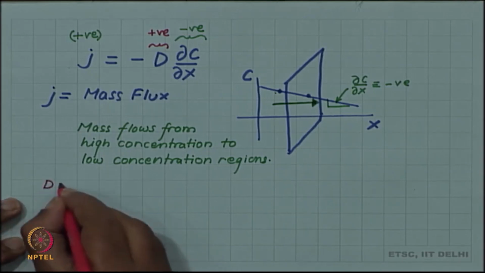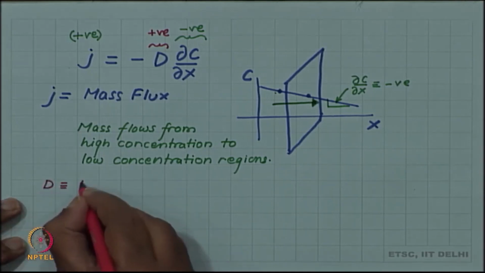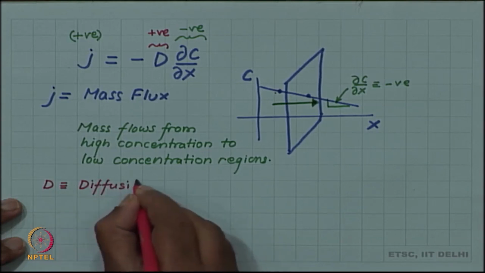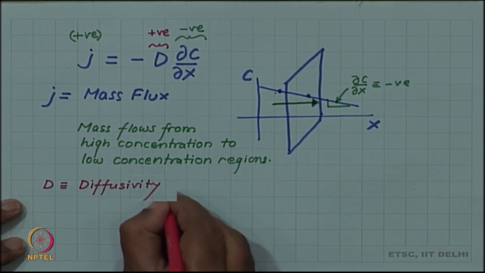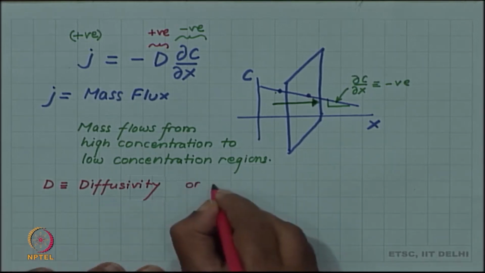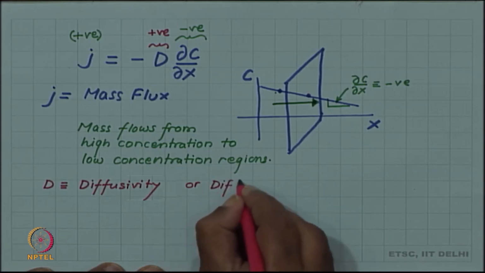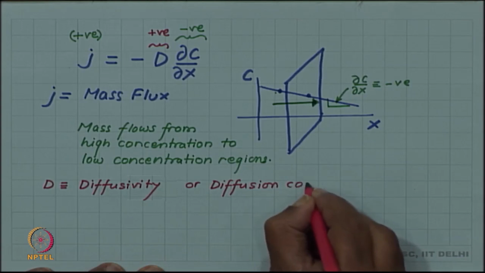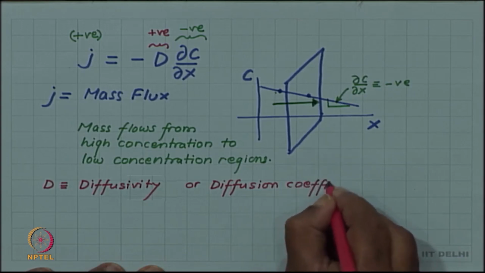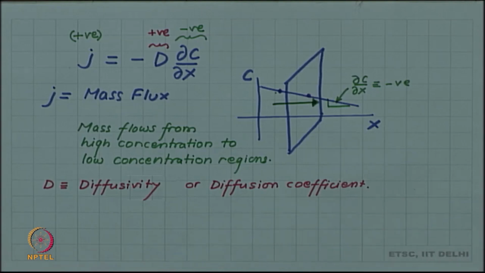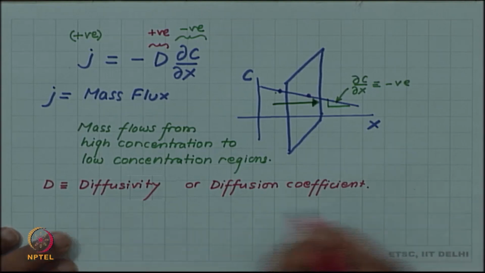So, D is diffusivity, or diffusion coefficient. I have already written the units for diffusion coefficient.